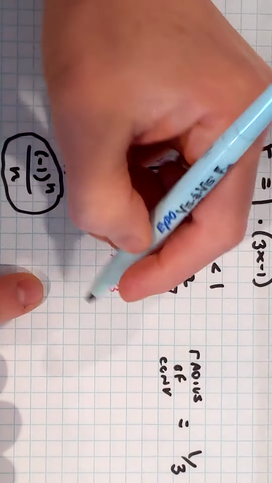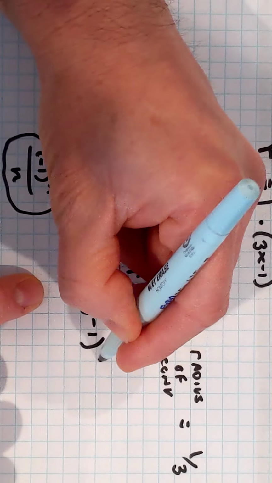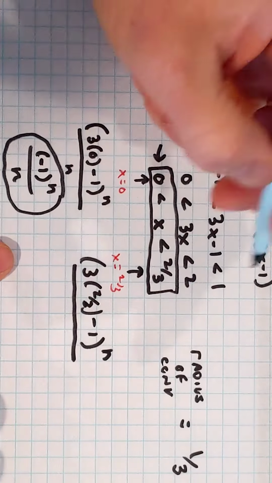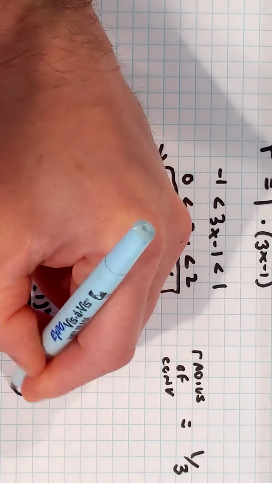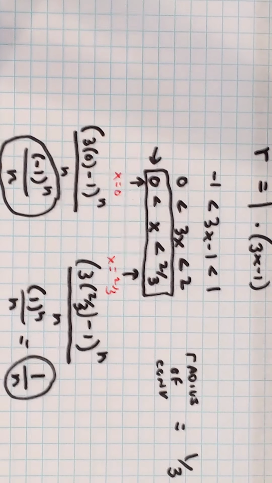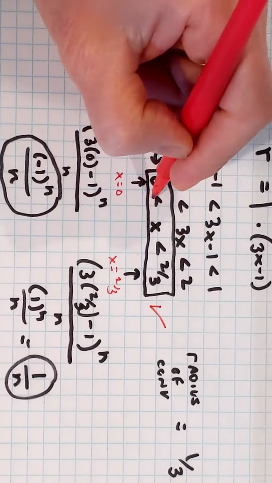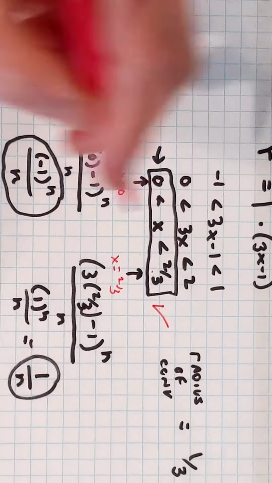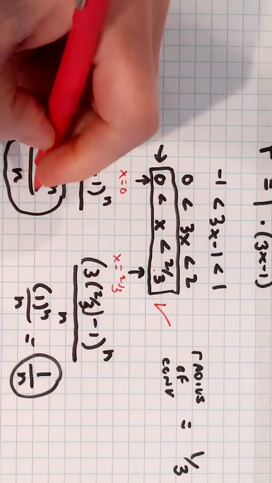Now I want to plug in 2/3 into the original function. (3 times 2/3, subtract 1) to the n over n. 3 times 2 divided by 3 is 2, subtract 1 is 1, so I get 1 to the n over n, which is 1 over n. Now right now we have the interval of convergence here, but what we want to see is whether these two end values are also included in the interval of convergence.